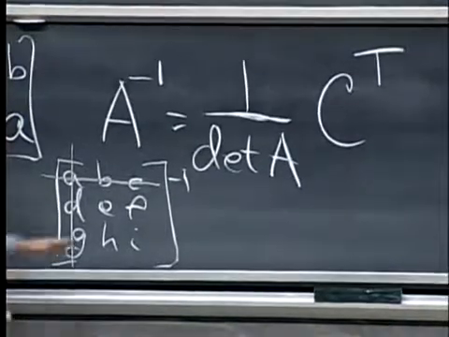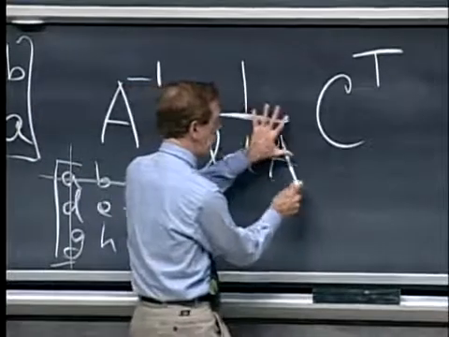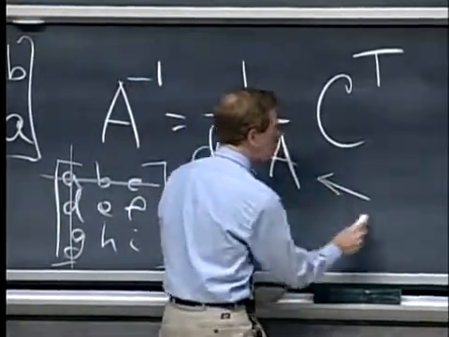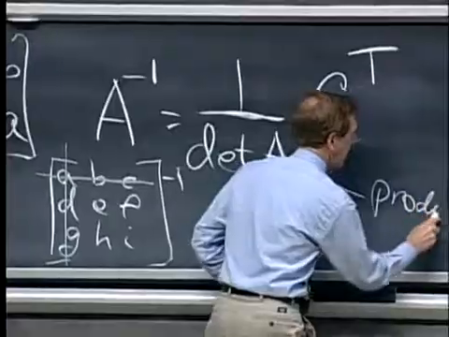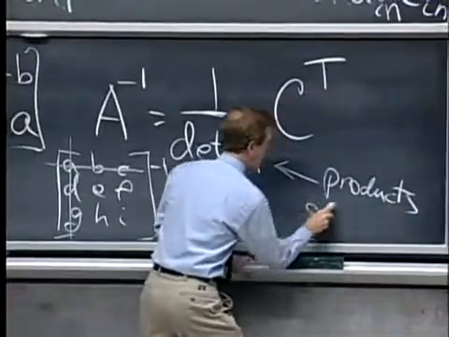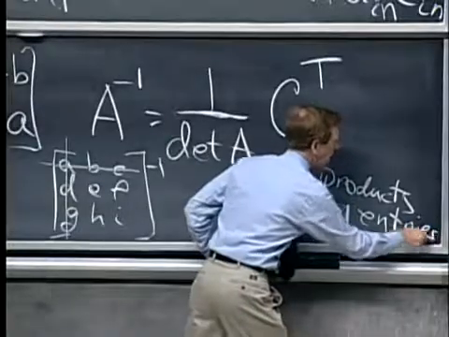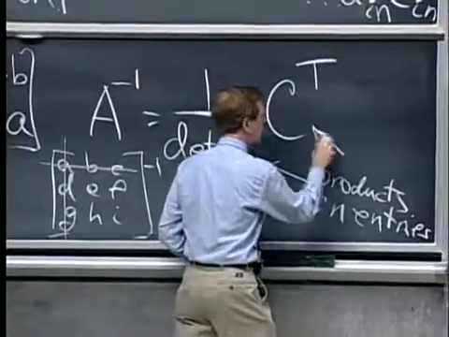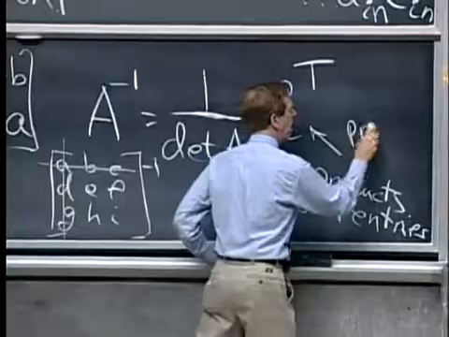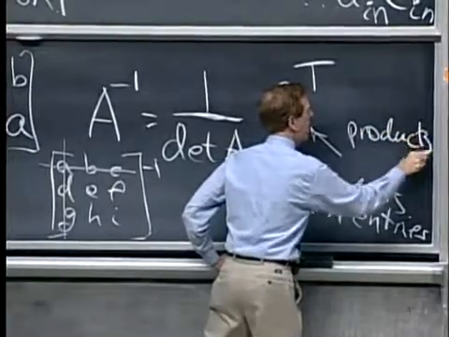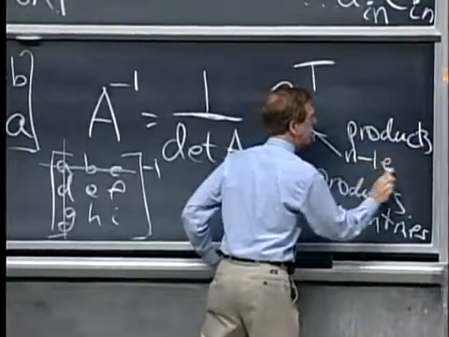I'm just making the observation that the determinant of A involves products of n entries, and then the cofactor matrix involves products of n minus 1 entries.